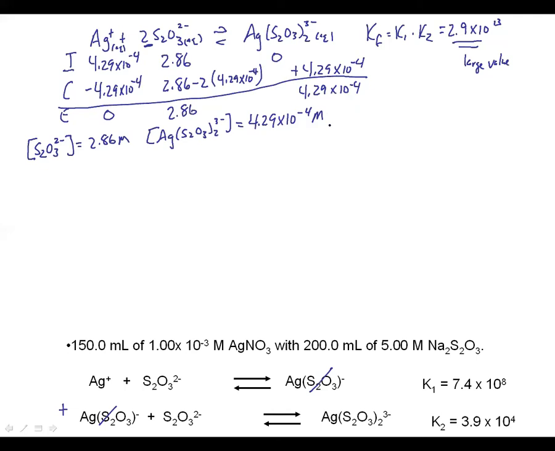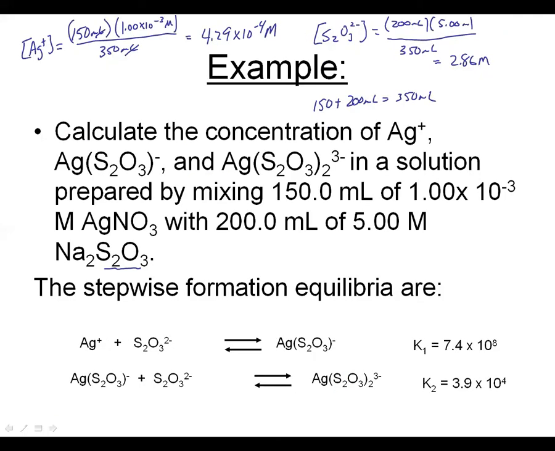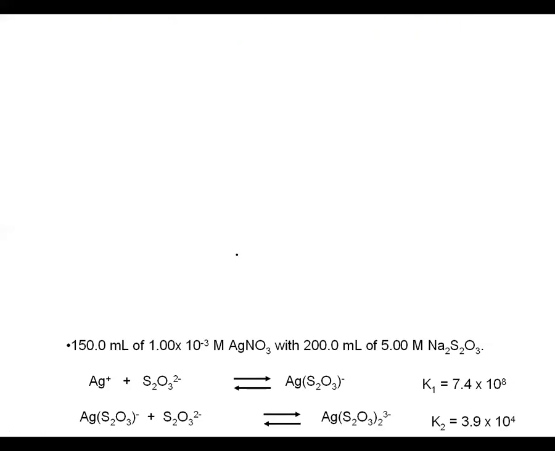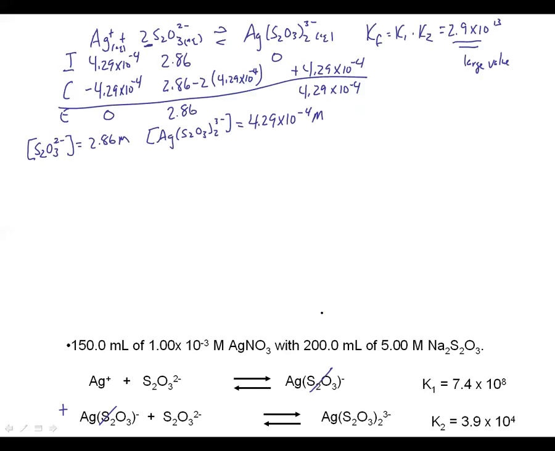So if we look back at what we're looking for, we just figured out this concentration. We also have our S2O3 2 minus concentration as well. So we still have a couple more things that we're looking for in terms of concentrations. This is where I mentioned earlier that there are a couple different ways that you could approach this problem.